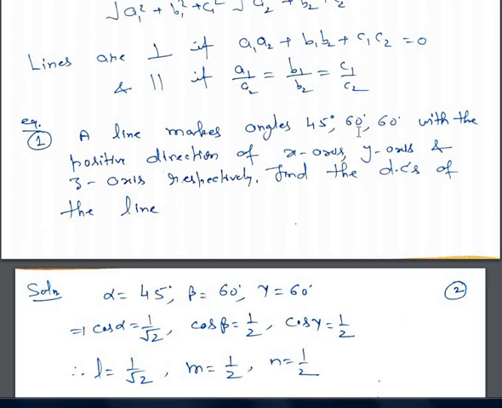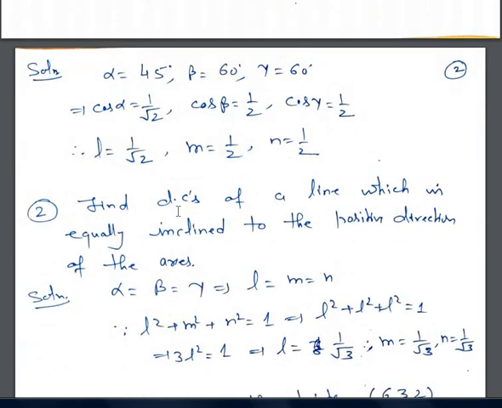Similarly, beta is 60 degree and gamma is also 60 degree. So therefore cos alpha is 1 upon root 2, cos beta is 1 upon 2 and cos gamma is also 1 upon 2. That means direction cosines of the line are given by 1 upon root 2, 1 upon 2 and 1 upon 2.